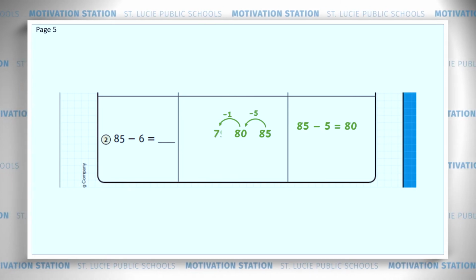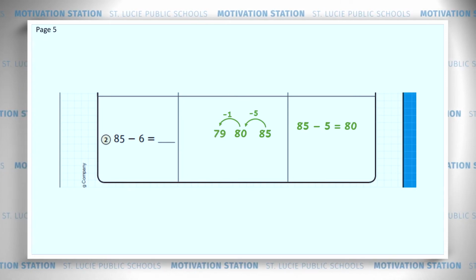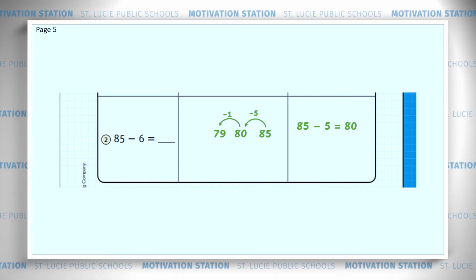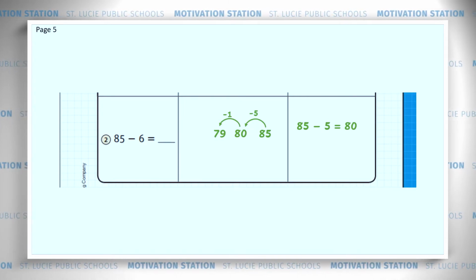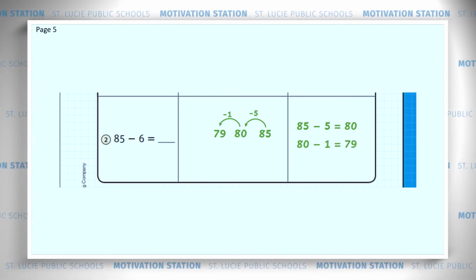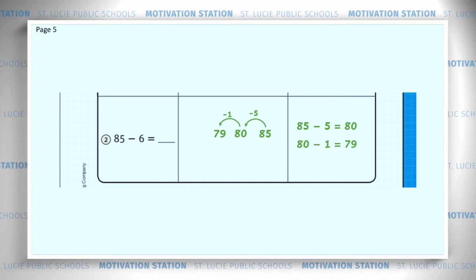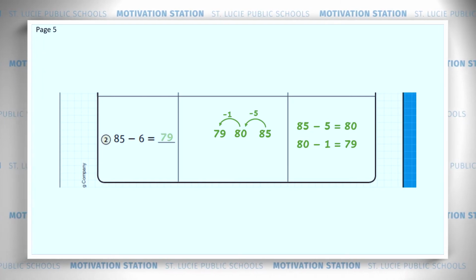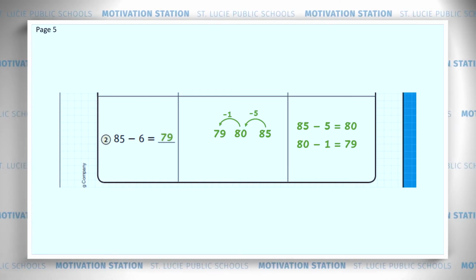So 80 minus 1 is 79. Last 2 steps here, we need to write out our equation and then fill in our answer. The second equation we solved was 80 minus 1 equals 79. And we just need to fill in that 79 for our answer.